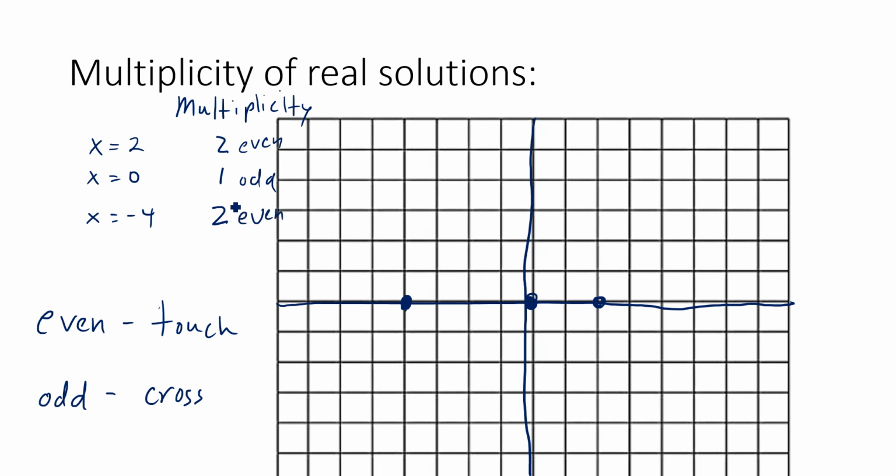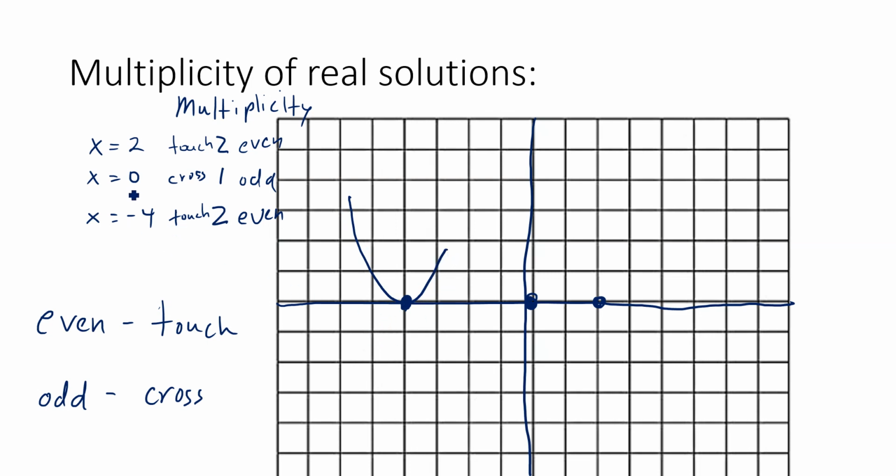So what I know here is that my graph is going to touch at x equals 2. It's going to cross at x equals 0, and it's going to only touch at x equals -4. Alright, so let's start off with x equals -4. It says that it's going to touch. Well, my graph is going to look something like this. It touched.